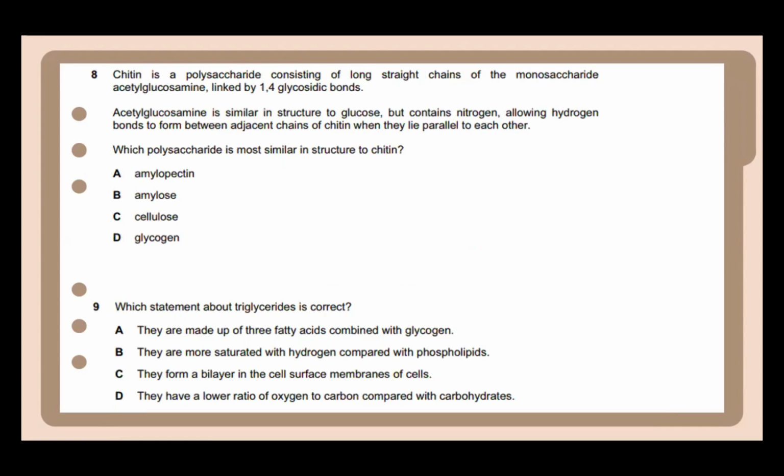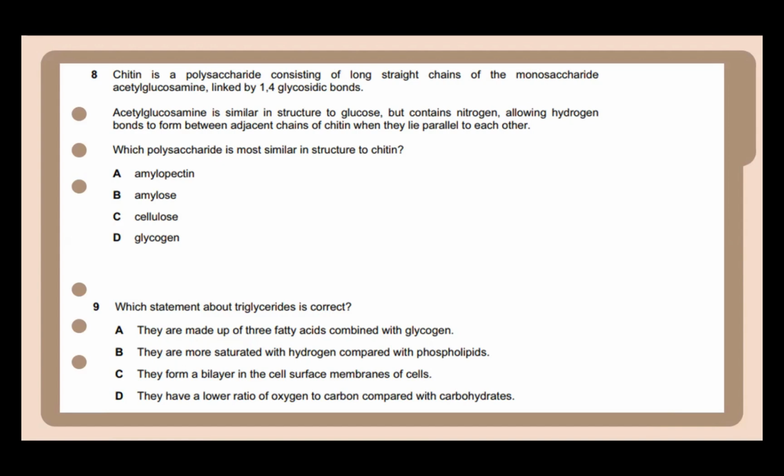Chitin is a polysaccharide consisting of a long straight chain of the monosaccharide acetylglucosamine linked by 1,4 glycosidic bonds. Acetylglucosamine is similar in structure to glucose, but contains nitrogen, allowing hydrogen bonds to form between adjacent chains of chitin when they lie parallel to each other.